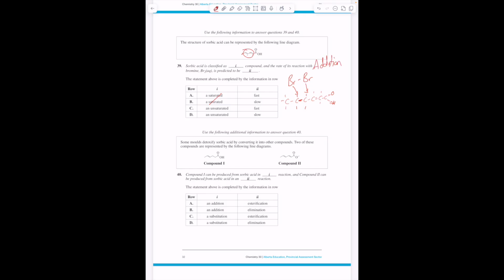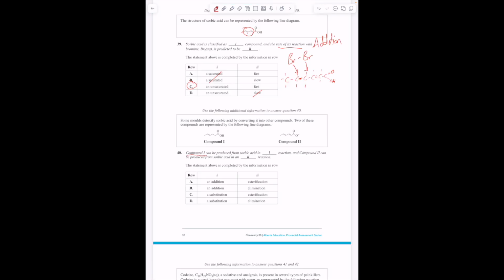Okay. So that happens. To my knowledge, the rate of reaction isn't really in our course. I'd have to go look, and I don't think that's in our course. But it happens pretty fast, so I would say this is C.